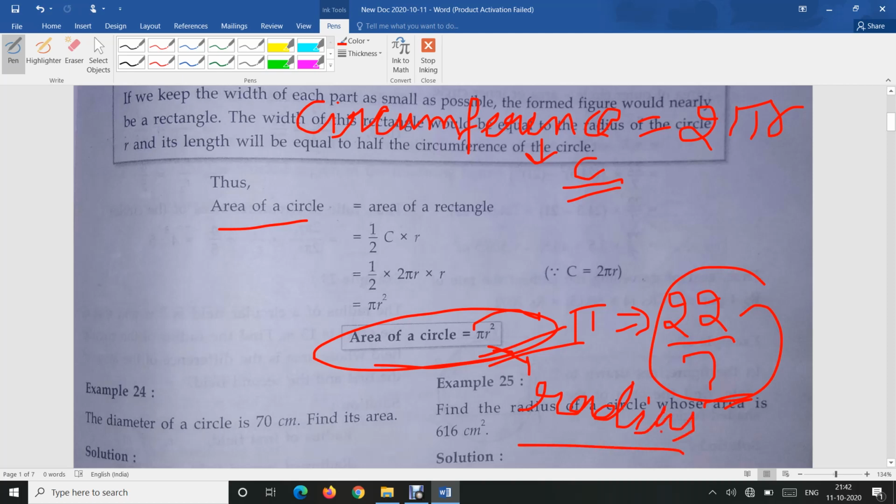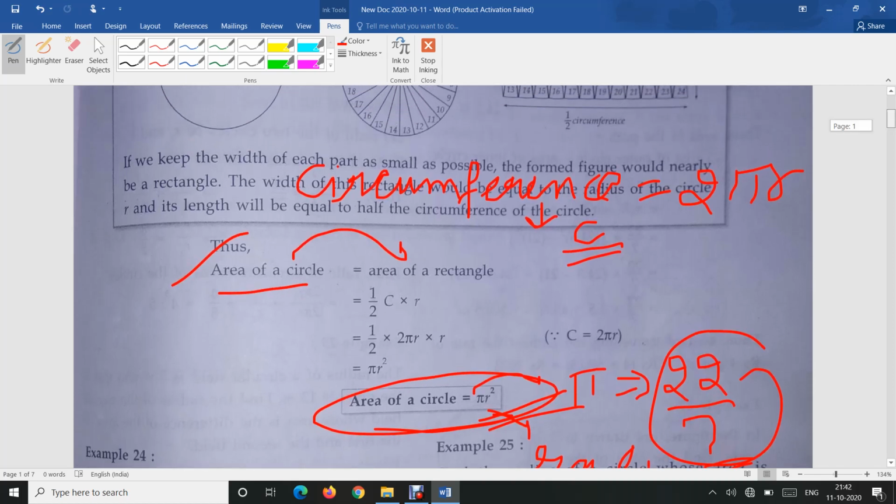If we talk about the proof of this formula, which is the area of a circle, then area of circle is always equal to the area of a rectangle.